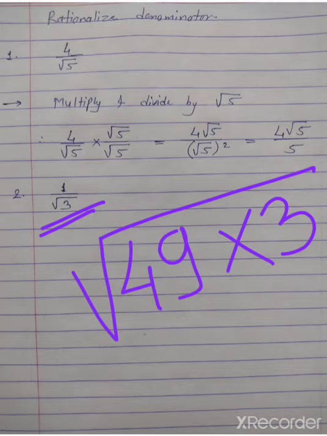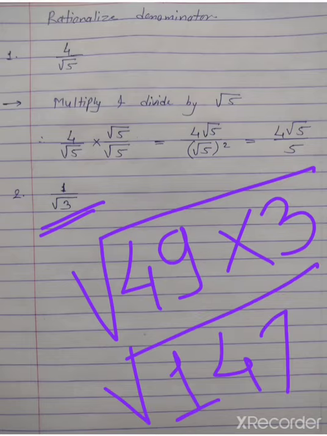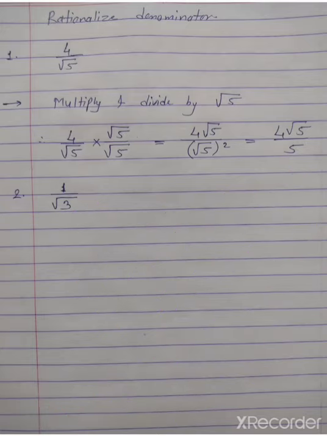When you multiply it, it will become 147. So you can use this root 147 as a rationalizing factor. Out of these you can use any one. Here I am simplifying using the simplest method, using root 3 as a rationalizing factor.